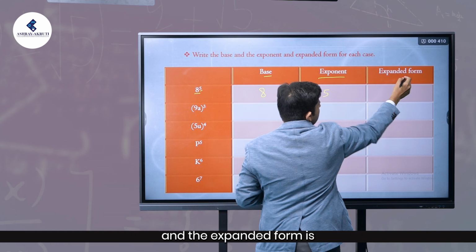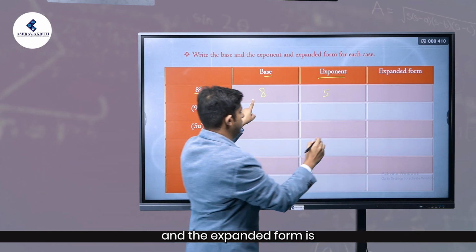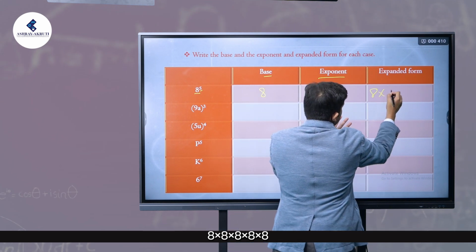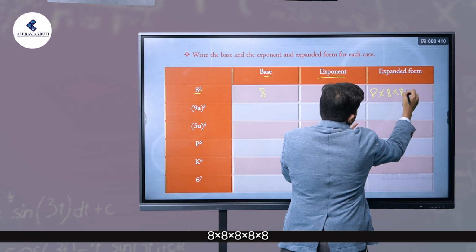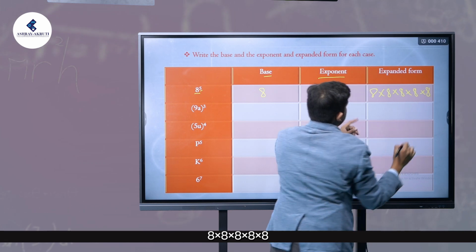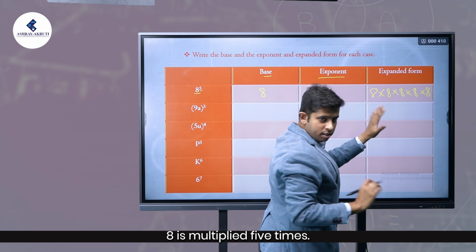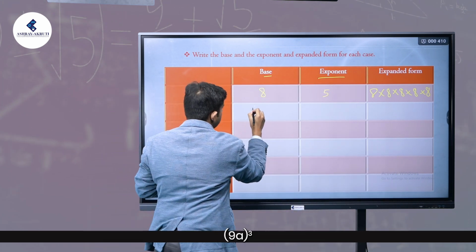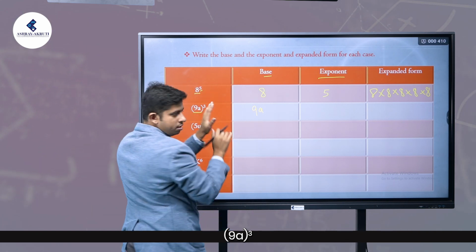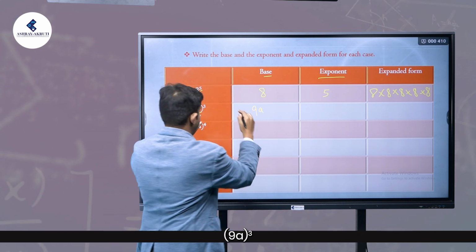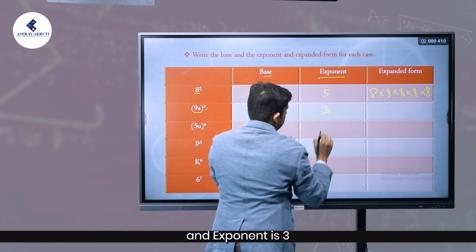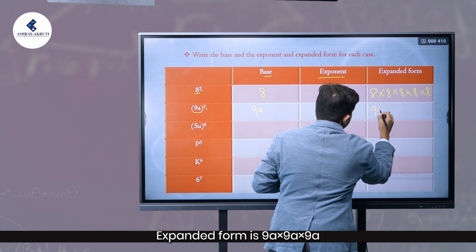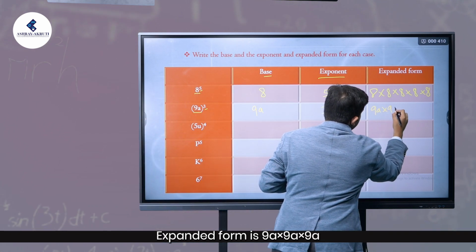And the expanded form is 8 into 8 into 8 into 8 into 8. 8 is multiplied 5 times. Next, 9a whole to the power of 3. 9a is the base and exponent is 3. Expanded form is 9a into 9a into 9a.